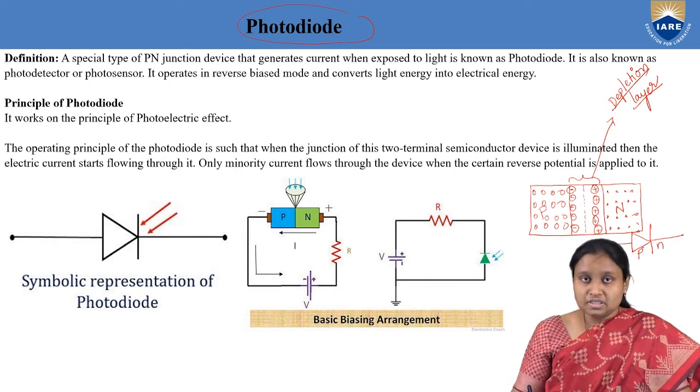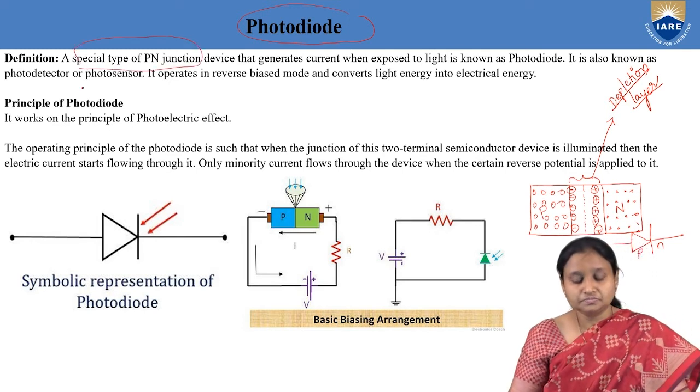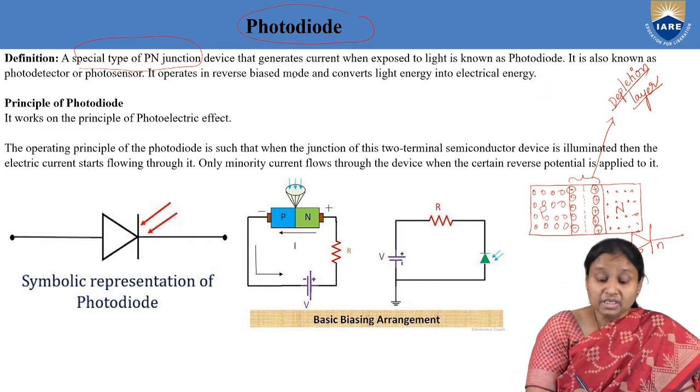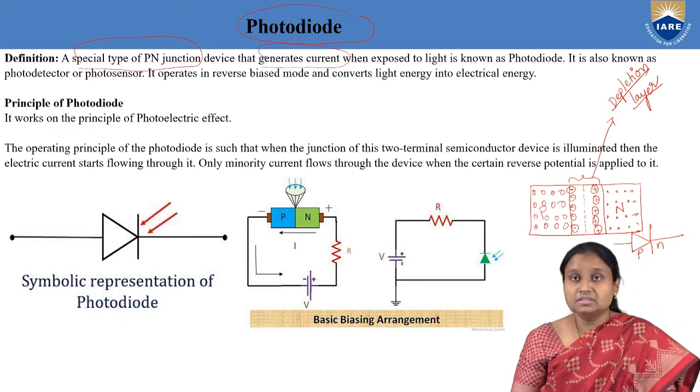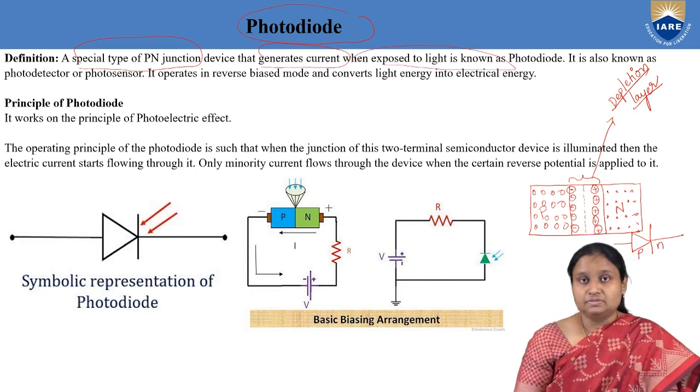In the photodiode, of course, we call it a special type of PN junction device because it comes under optoelectronic devices. It is going to generate current when it is exposed to light.